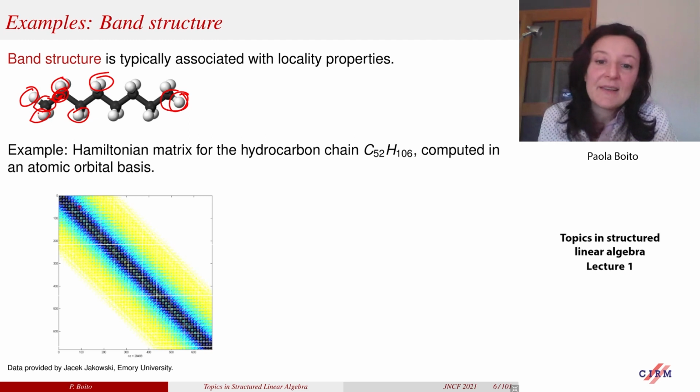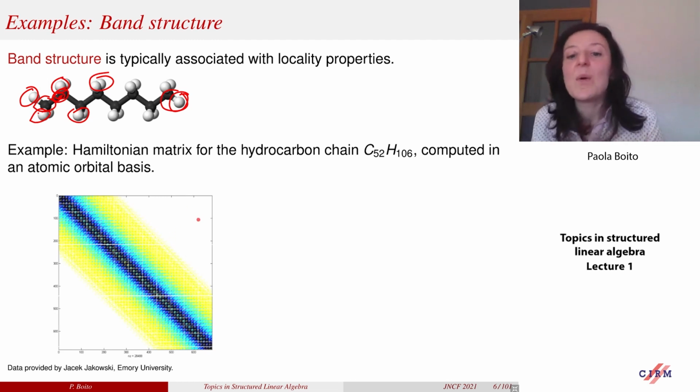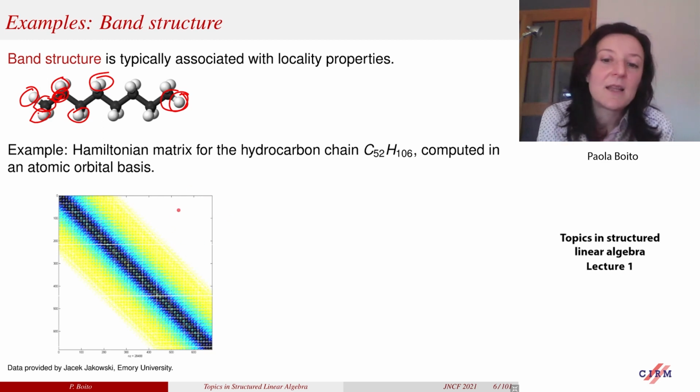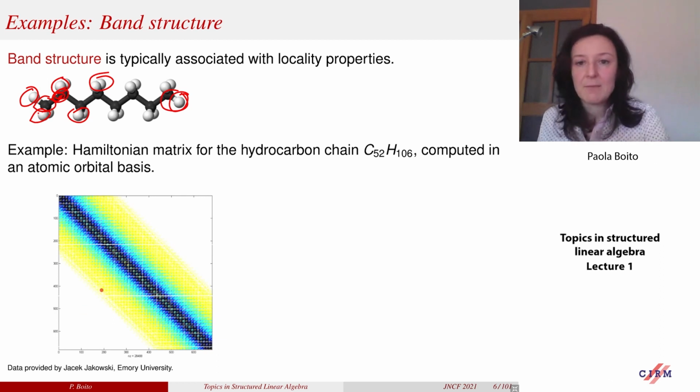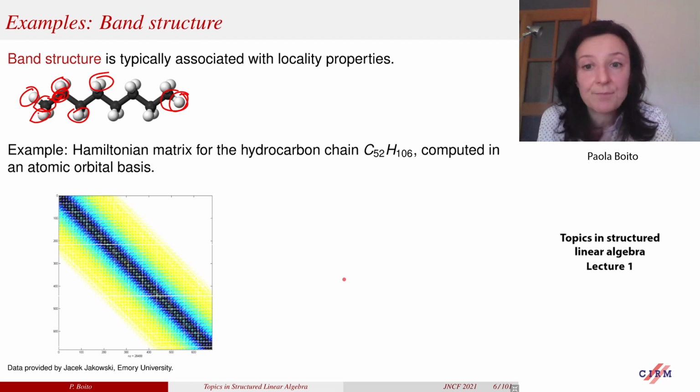And so what we see is that close atoms have a strong influence on each other. And on the other hand, as the distance between atoms increases, and so we're moving away from the main diagonal of the matrix, the magnitude of the entries decreases very quickly, until we have this white part that's basically negligible. It can be approximated by zeros. And so what we have is an approximate band structure that reflects the locality of the system.